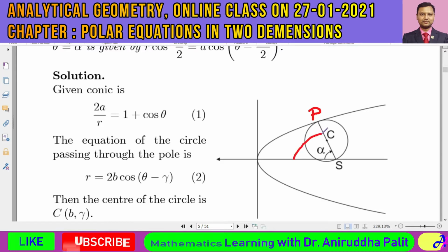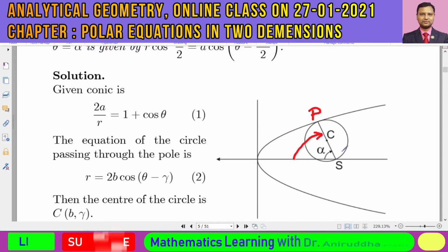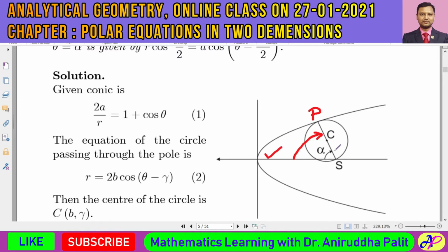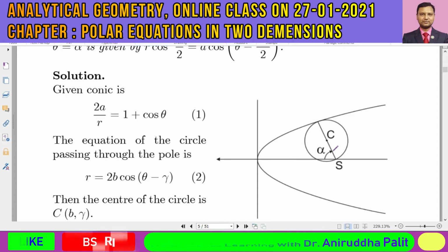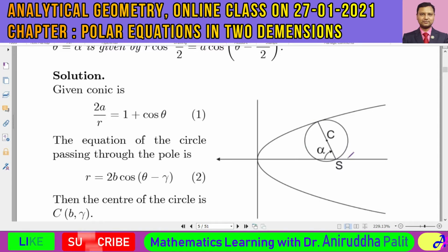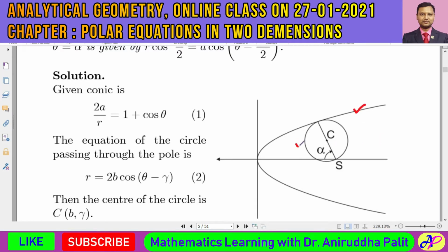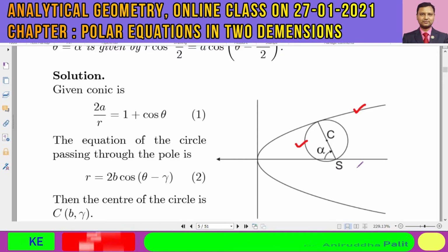Therefore, this is the direction of measurement of any angle. It should be measured from the positive direction of the initial axis, so it should be measured in clockwise sense. So as per the picture, the vectorial angles of different points on this kind of conic should all be measured in clockwise sense.